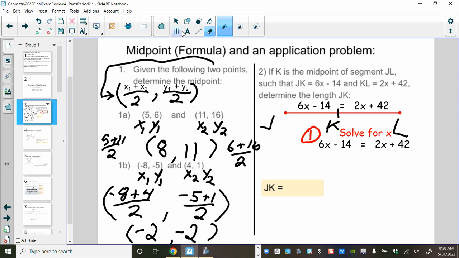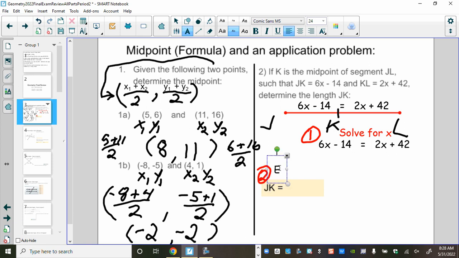And then for step 2, evaluate. That means you plug your x into the expression.